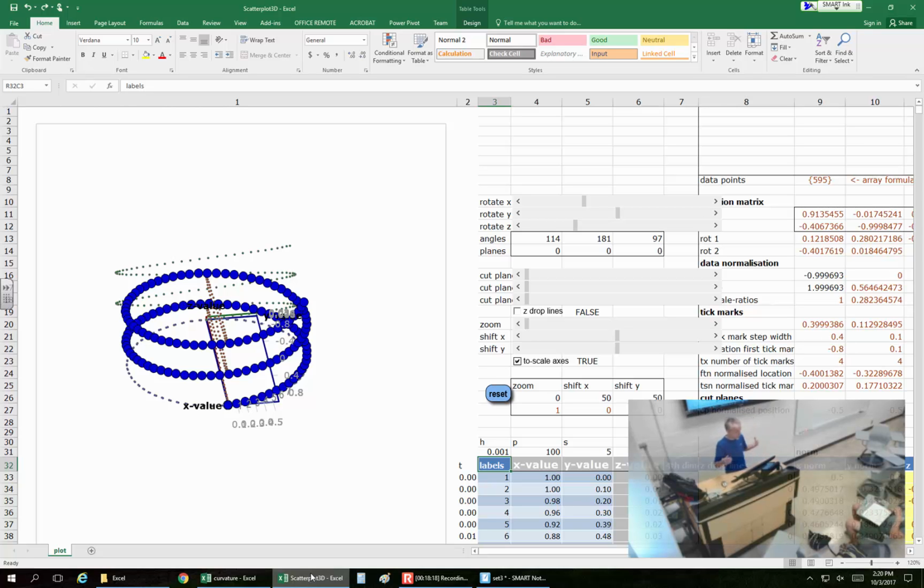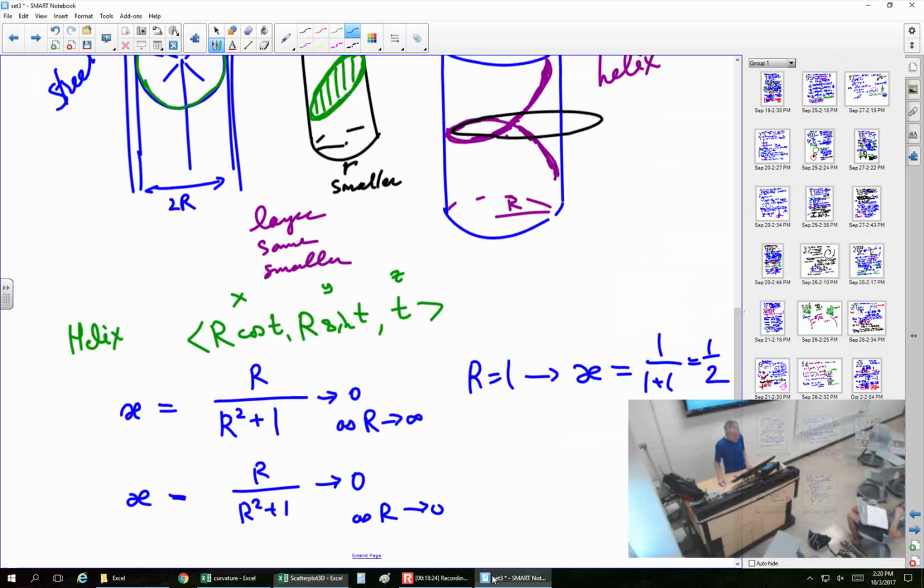So the circles become larger and larger, and therefore the curvature is going towards 0. The first case is because the radius of the underlying circle has become bigger and bigger, and the ascent is not noticeable in comparison.